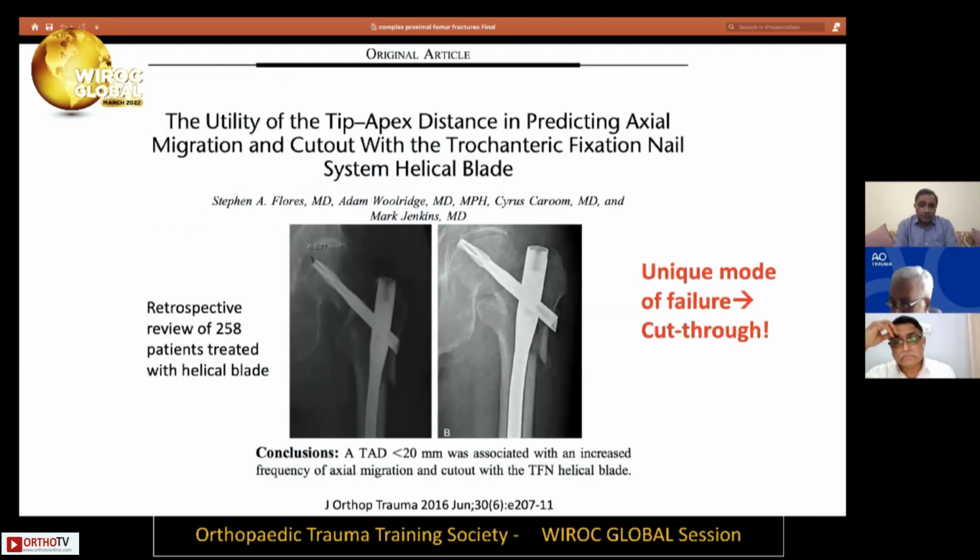But another complication, as I previously mentioned: 25 is the ideal TAD, but if it's too small, especially where we have used a helical blade, then there are chances of a medial cutout of the helical blade. So we should be aware of that while we are trying to achieve a TAD which is less than 25. We should not keep it too small either.